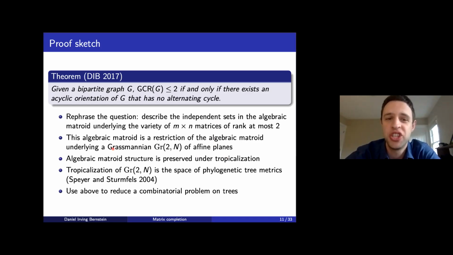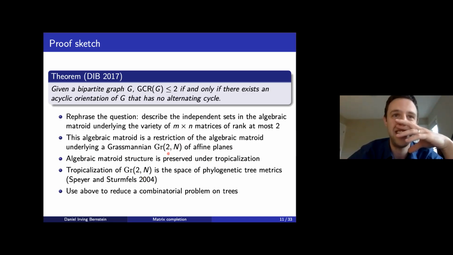Now, just by sheer dumb luck, this algebraic matroid is a restriction of the algebraic matroid underlying the Grassmannian of affine planes in affine n-space. And the algebraic matroid structure is preserved under this process called tropicalization, which is a method for taking a variety and turning it into a very nicely structured polyhedral fan.